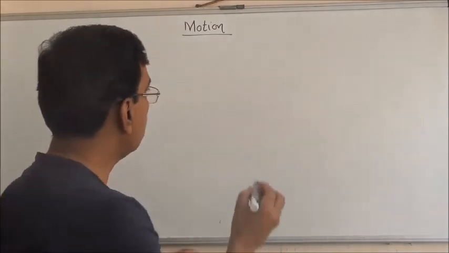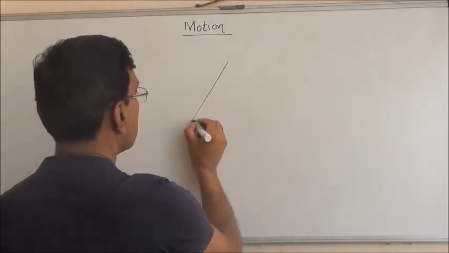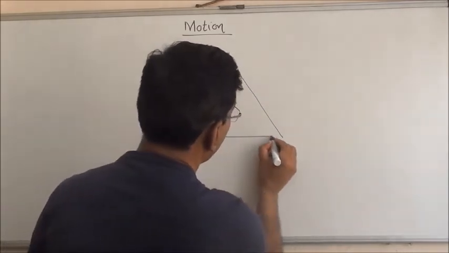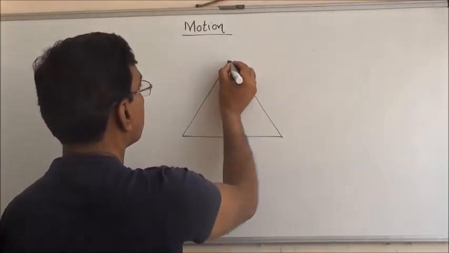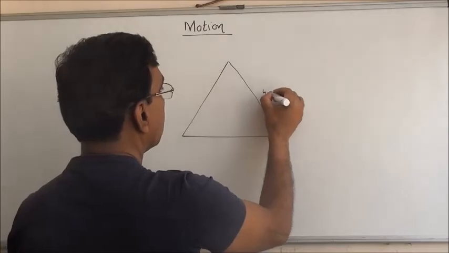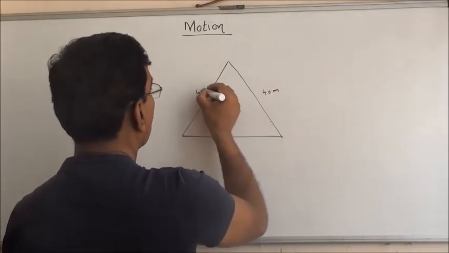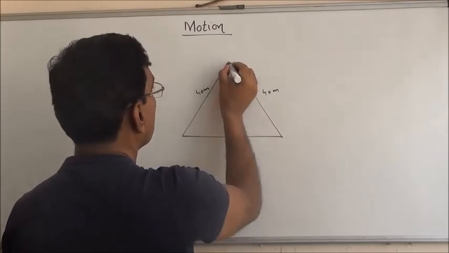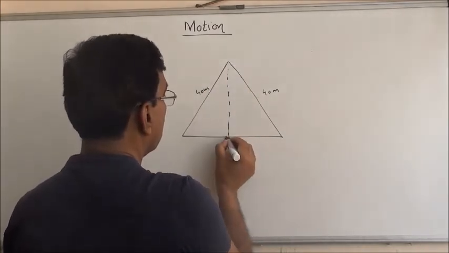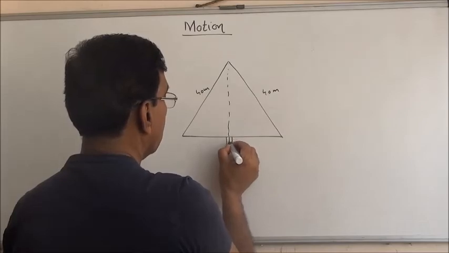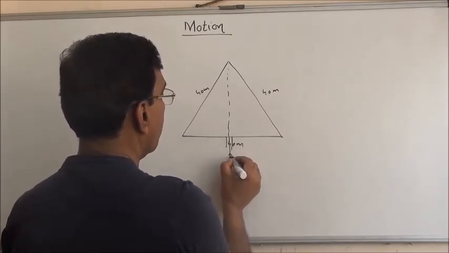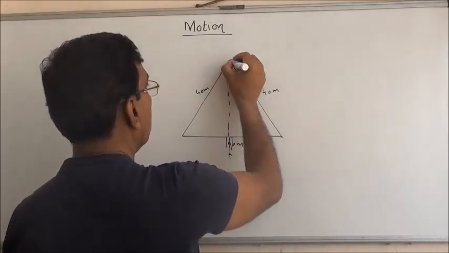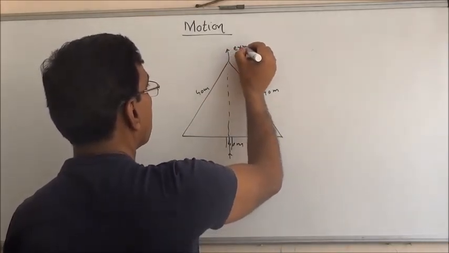Giving you a problem, try it. Suppose there is a park and this is 40 meter, 40 meter, 40 meter. There is a gate here, you enter, then taking this path, you take exit from here.